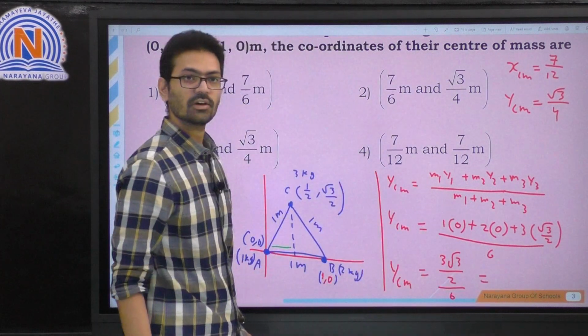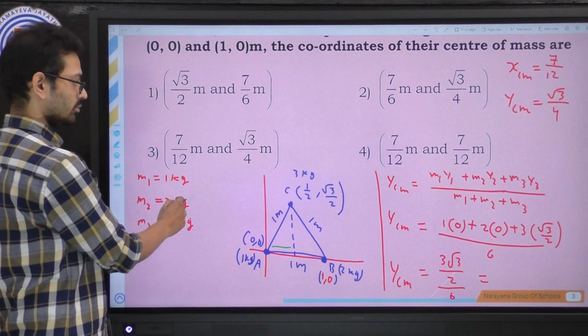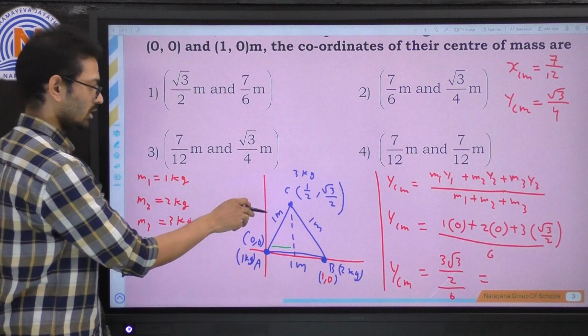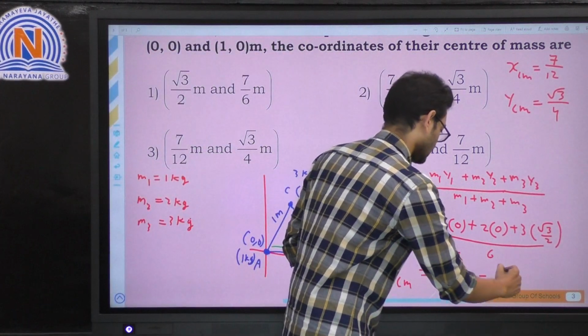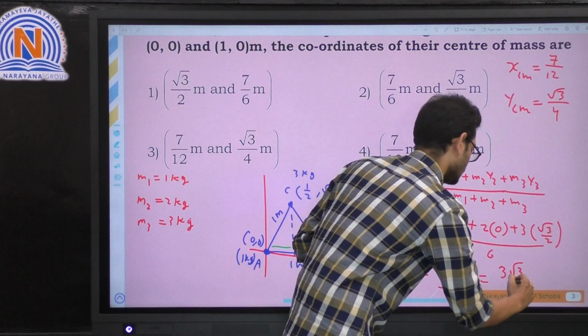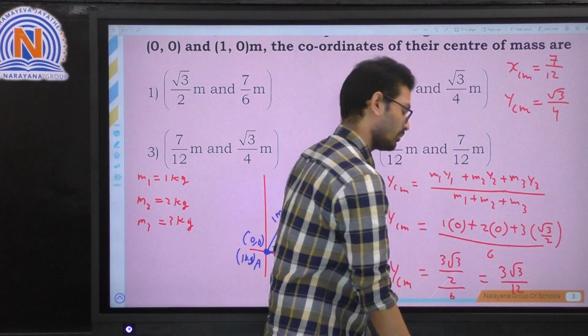So here you will be having m3, 3 and 3 root 3 by 2 by 6, and here you will be having 3 root 3 by 12.